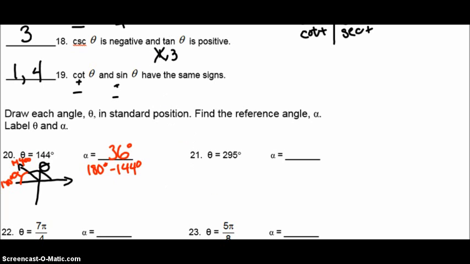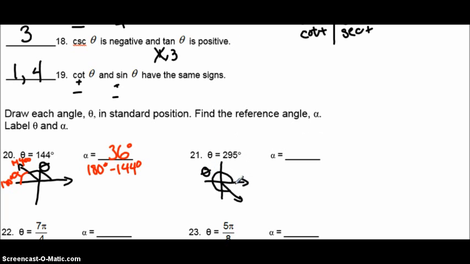Alright, so 295 degrees. Again, we start with our axes. We're going to start here at the x-axis. We're going to go around. There's 180, 270, and a bit more. Okay, so we're coming out in the fourth quadrant. So that's our theta.